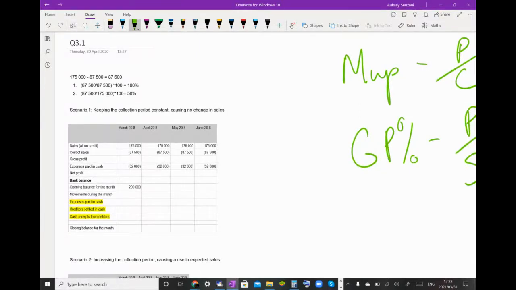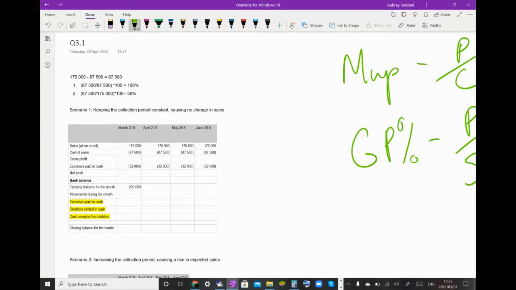Before we go there, let's read the top information. It says Benmore Traders used to have a debtors collection period as well as a creditors statement period of 30 days.